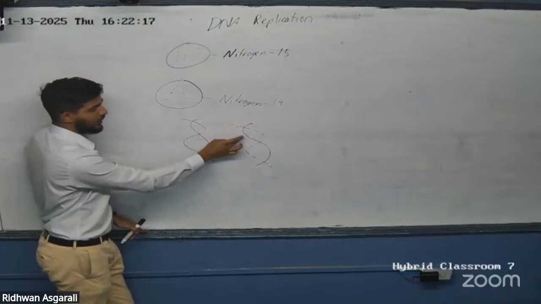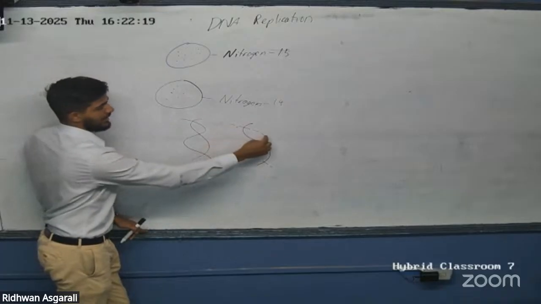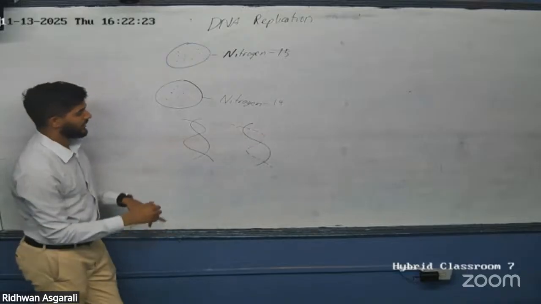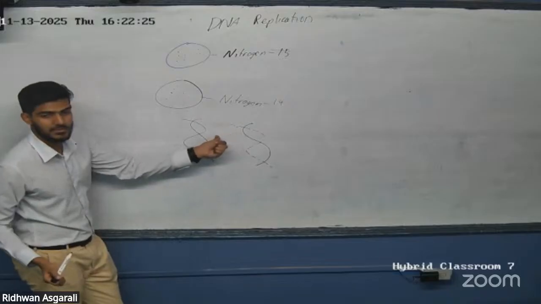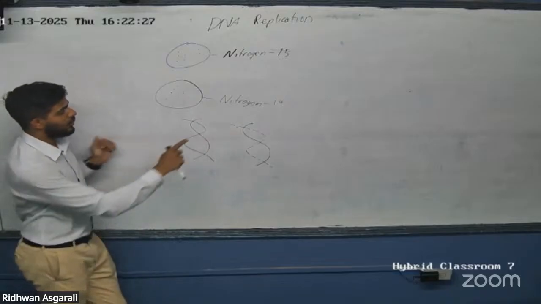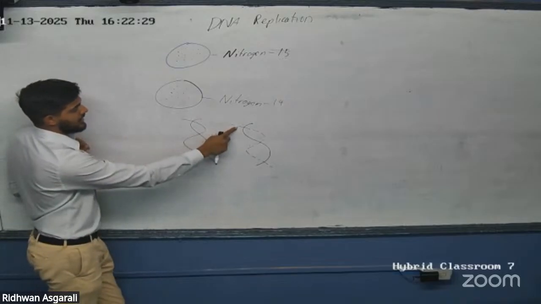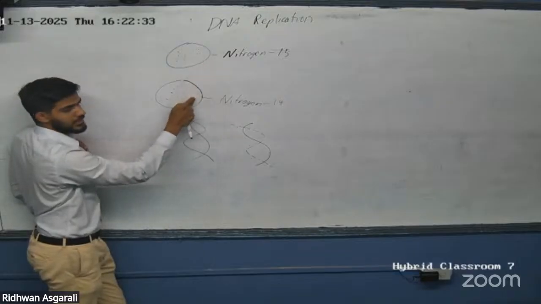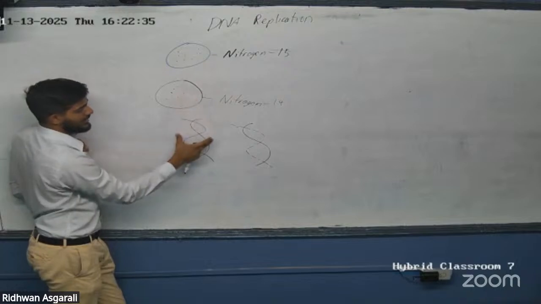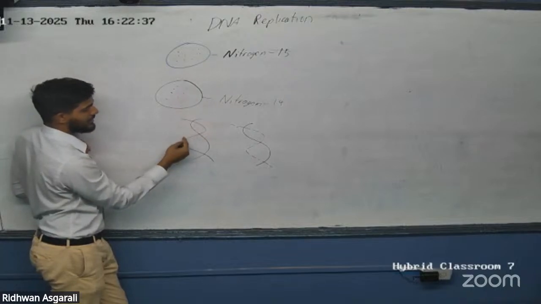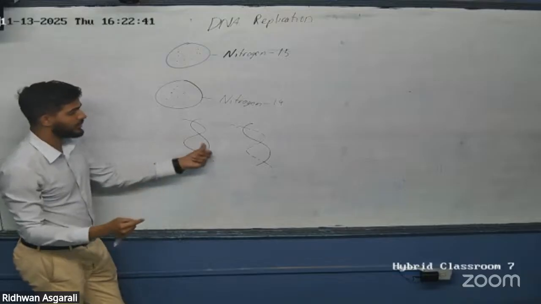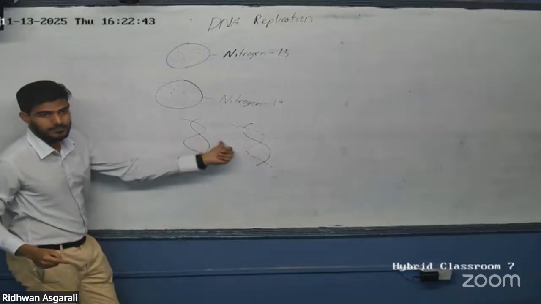They keep one of the original strands and get a new nitrogen 14 strand. That's how they proved that DNA replication is semi-conservative. If it wasn't semi-conservative, and the nitrogen 15 from here was placed in this petri dish, you'd expect to get back bases with nitrogen 15. Do you understand?